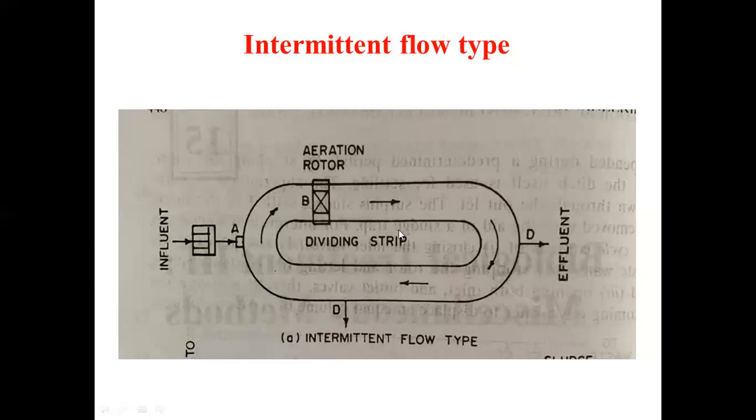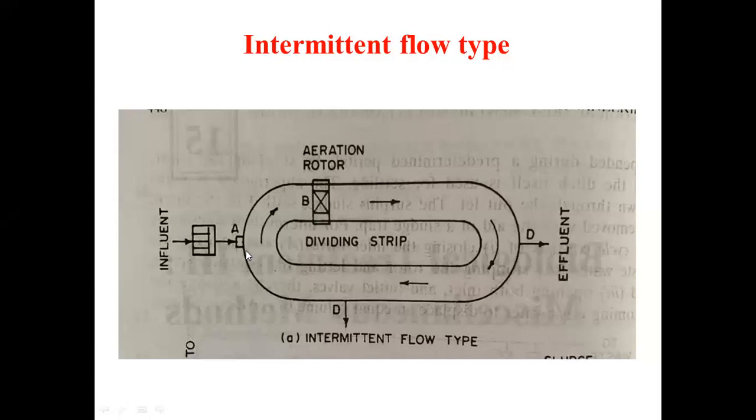Suppose 10 hours, 20 hours, whatever design period for aeration you have provided, it will remain in this position: wall A open, wall D closed, and the aerator running, and the suspension is maintained. Once that design period is over, wall D will be open and wall A will also be open, and the new mass is allowed to enter and replaces the old mass.